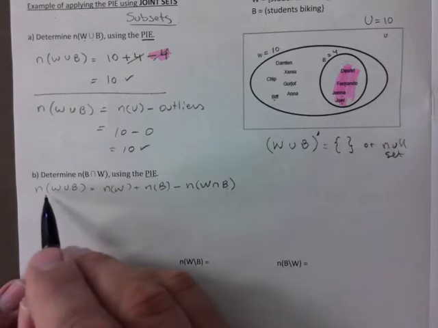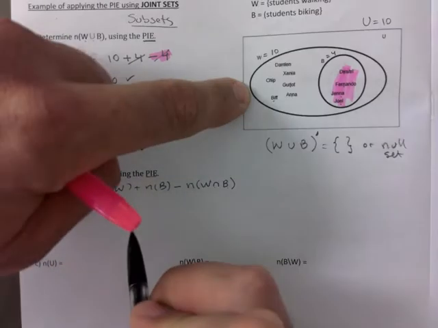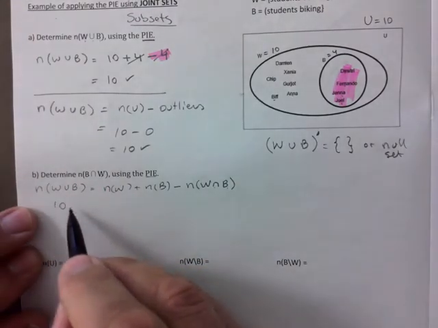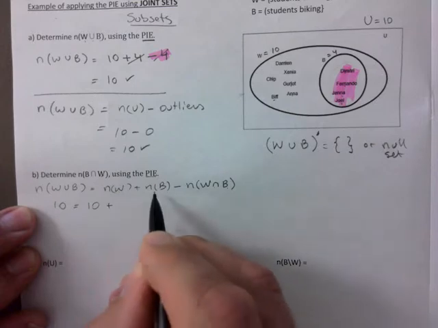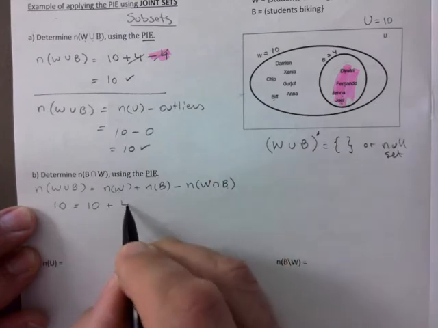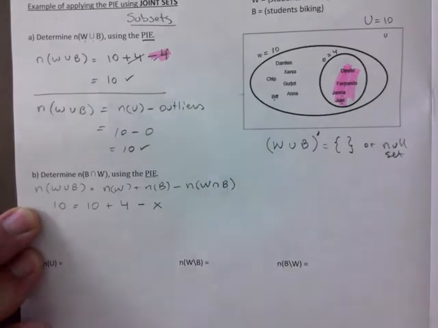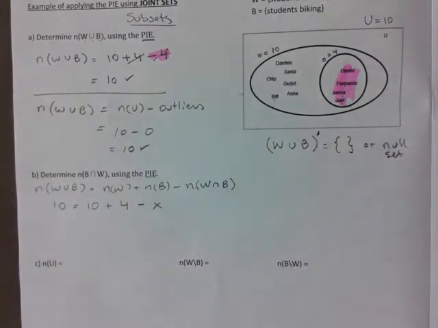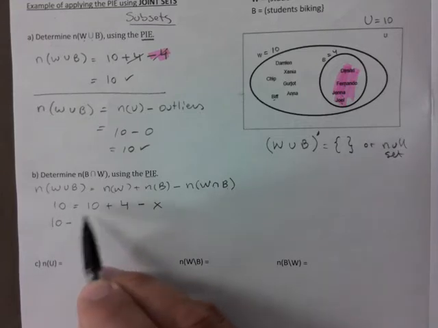So let's pretend like we know this already. We know from before, just by looking at the diagram, that this is 10. This, by looking at the diagram, is 10. This, by looking at the diagram, is 4. Minus, this is going to be our unknown. This is what they're now asking me for. I just bring over the numbers.